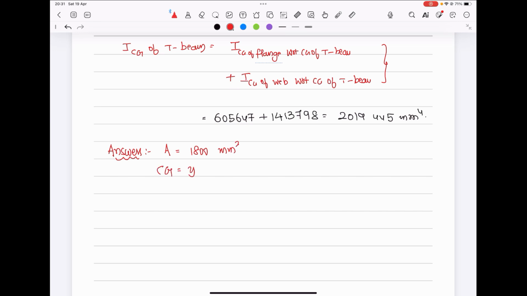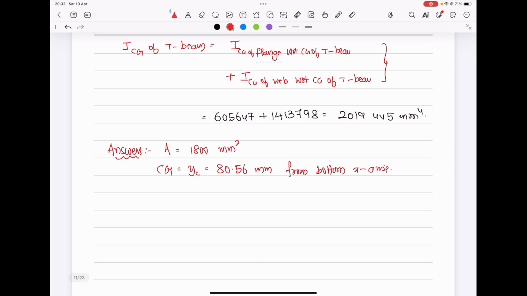Center of gravity, that is YC, for the total T-beam I am talking about, is equal to 80.56 mm from the bottom x-axis, and moment of inertia or second moment of area, or ICG of the total T-beam, is 2019445 mm to the power of 4.